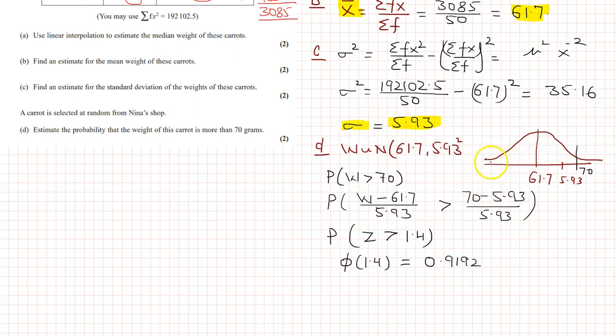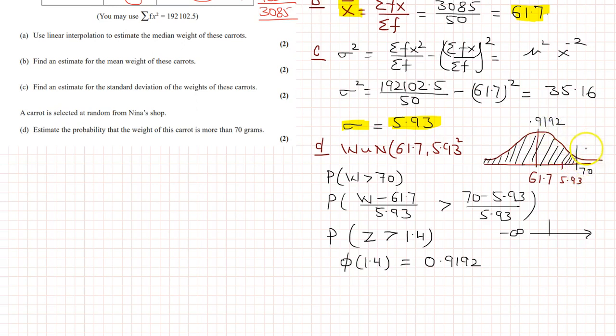So it means this probability, because this is always from infinity to a positive number, you can't take the area this side, you have to take the area of this side. So the probability of Z less than 70 is 0.9192.